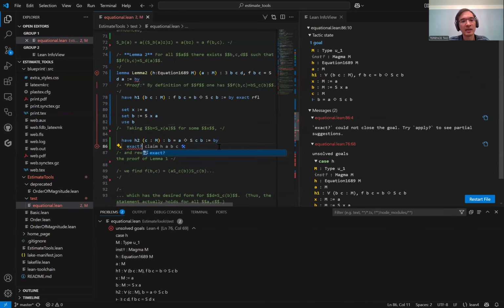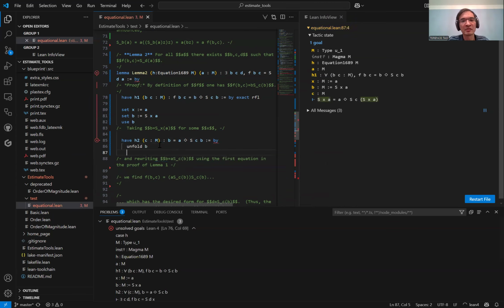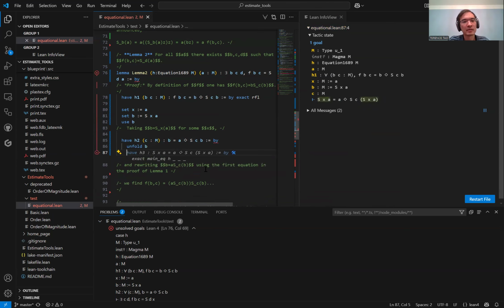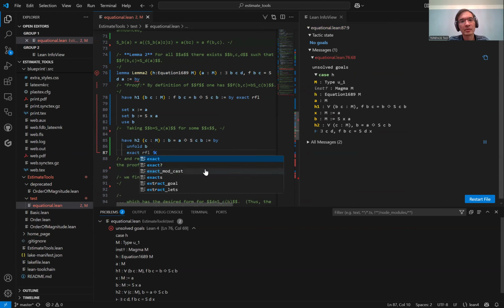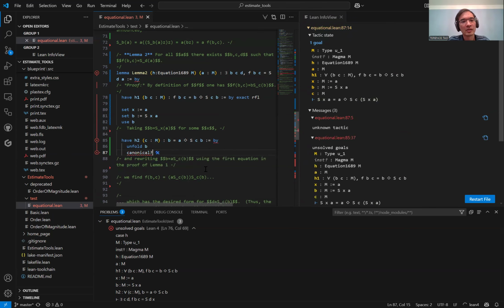Why can I do that? Maybe I actually need to use what B is. Let's unfold these first. Is it clear? Okay, none of my easy things worked.